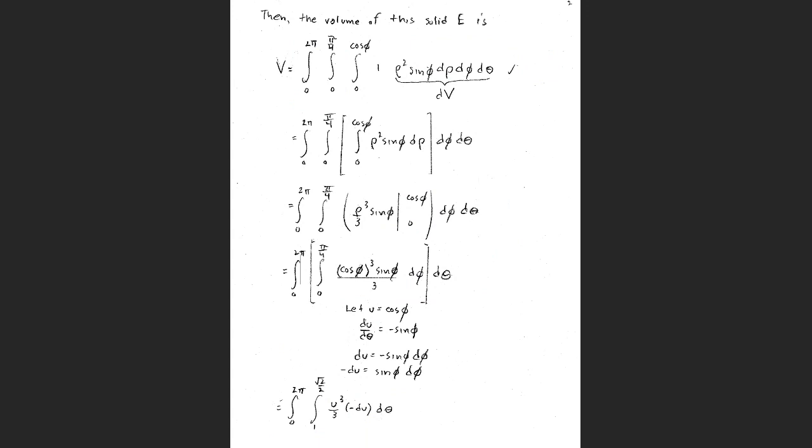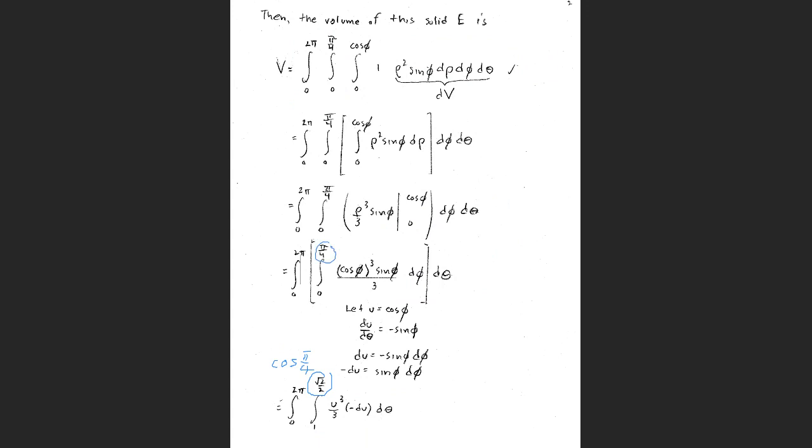All right, so root 2 over 2 comes from taking the cosine of pi over 4, because your top limit here was pi over 4.